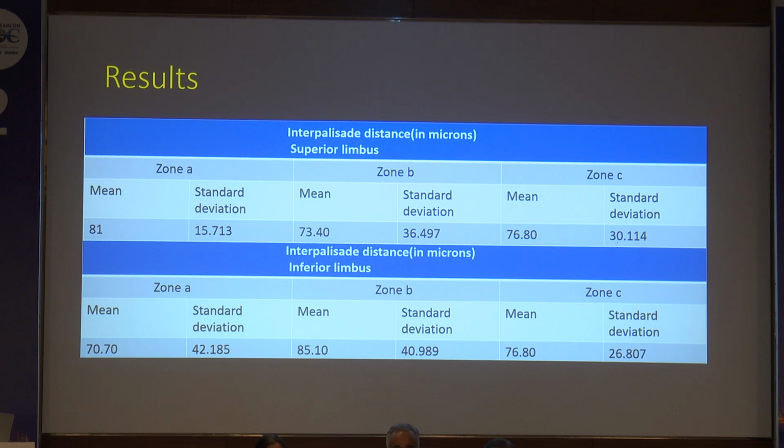The interpalisade distance also was comparable. It was a mean value of 81 in zone A, 73.40 in zone B, 76.80 in zone C in the superior limbus, and in the inferior limbus it was 70.70, 85.10 and 76.70 in zone C.